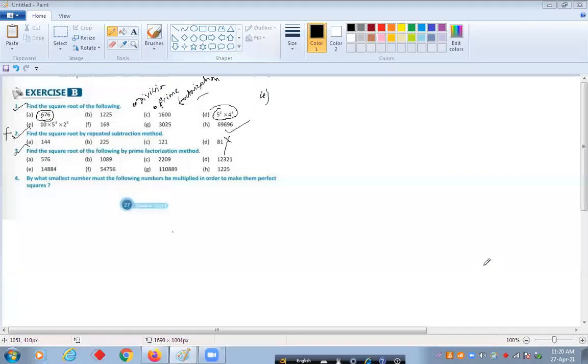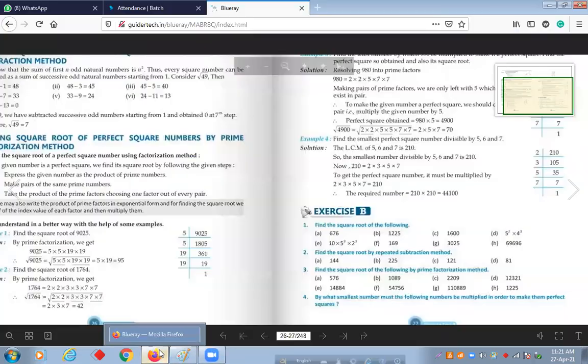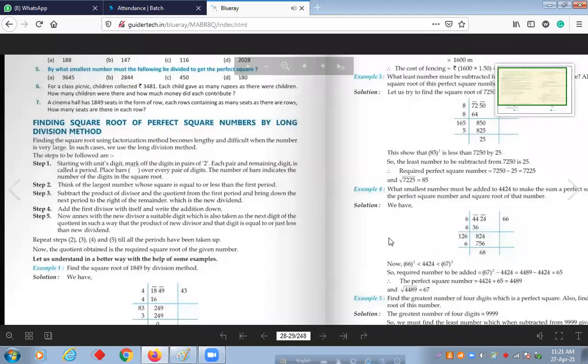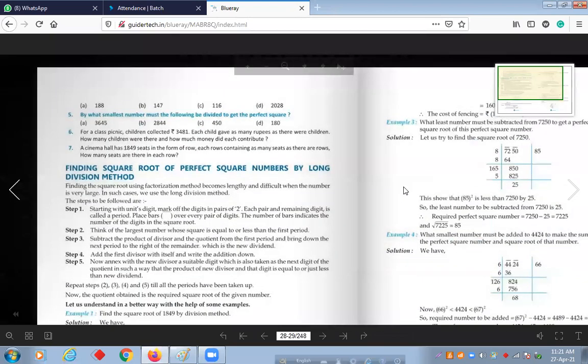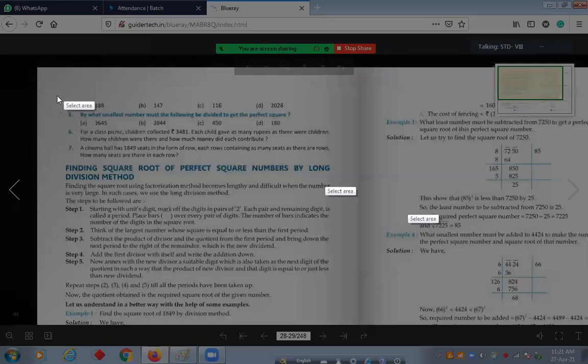Okay, again I'm sharing the screen. Question number 4: by which smallest number must the following numbers be multiplied in order to make them a perfect square? So where are the numbers? Come to our book, the next page. This is the numbers. Let me take this to our board.